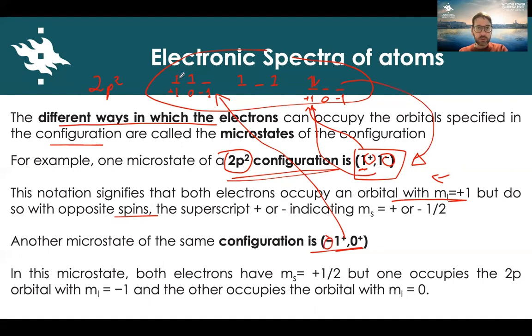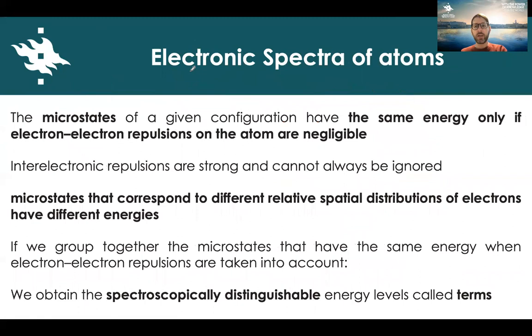So actually, this electron is here. So in this microstate, both electrons have spin up, but one occupies the 2p orbital with ML -1, and the other occupies the orbital with ML equal to 0. All right.